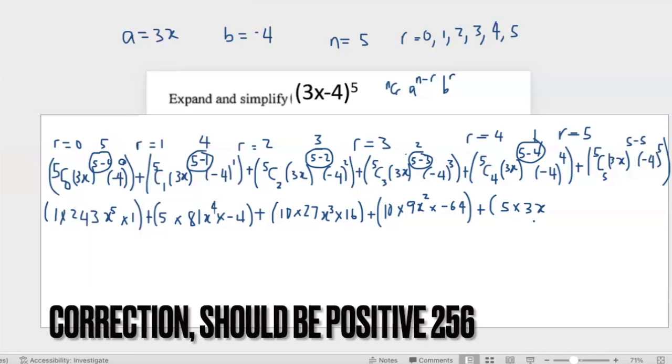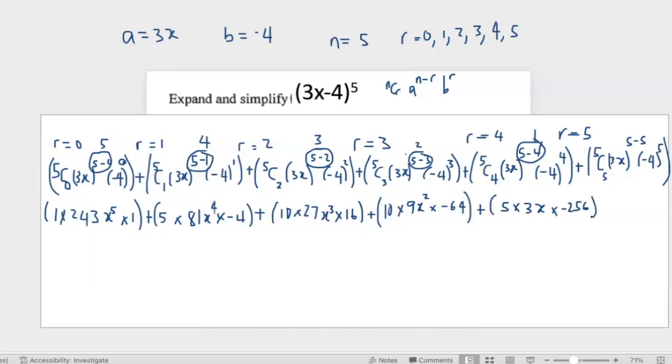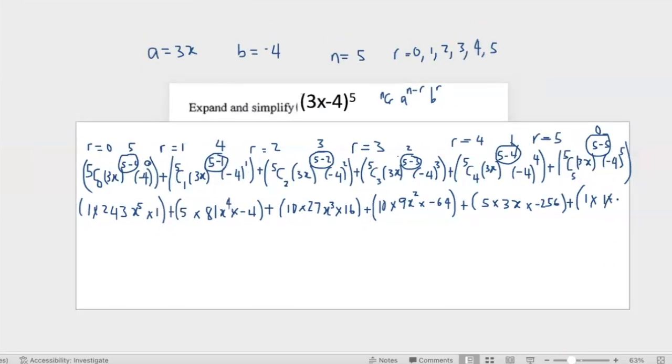Minus 4 to the 4 is minus 256. 5C5, that's 1. 5 minus 5 is 0, and anything raised to the power of 0 is 1. Minus 4 to the 5, that's minus 1024.